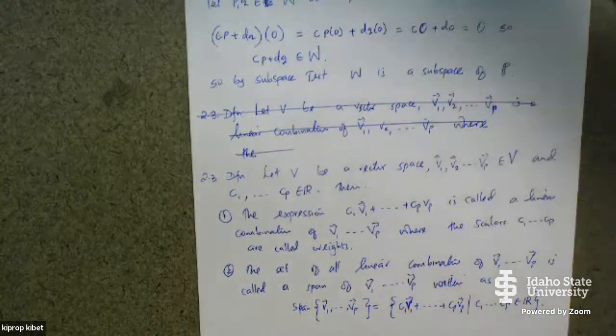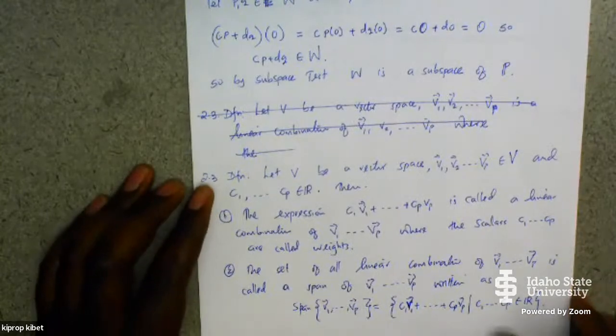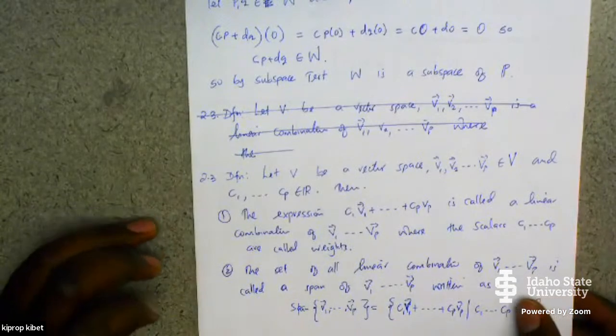Now this definition will lead us to how we can write the polynomial. This leads us to example number 6.